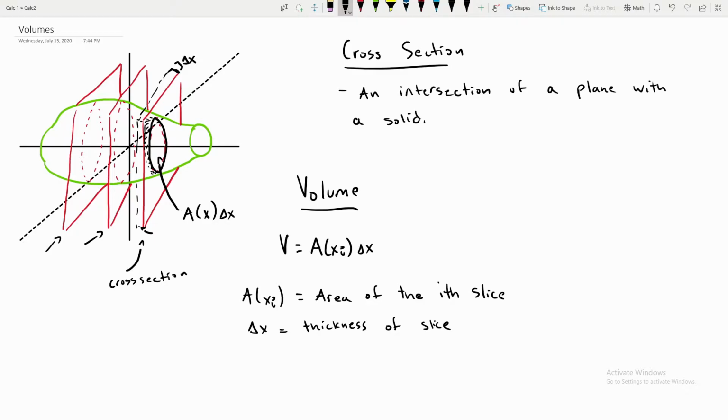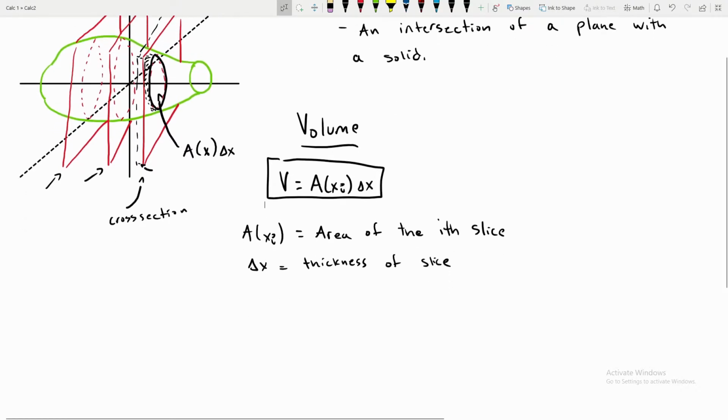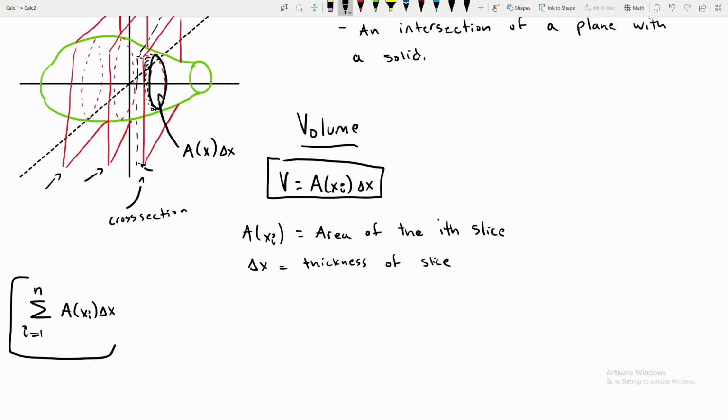Now we want to take this formula, which is the volume of one specific cross section, and sum it up, and we essentially know how to do that already. We sum it up using the summation formula from i equals 1 to n, and this formula will give us the total volume, the entire volume of the shape.